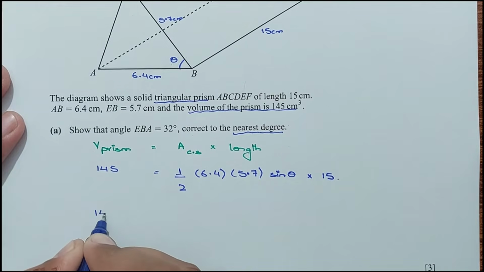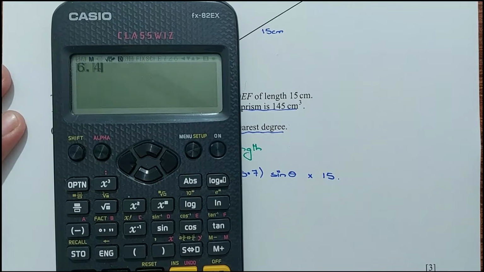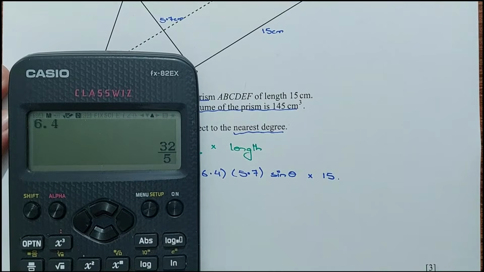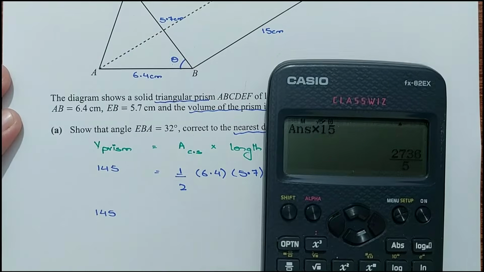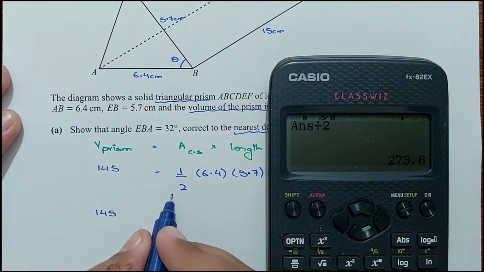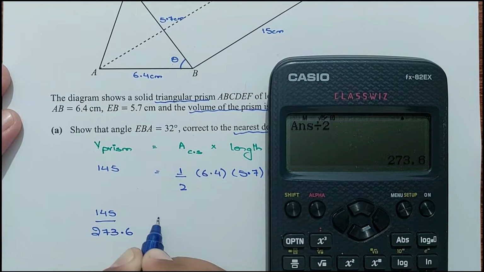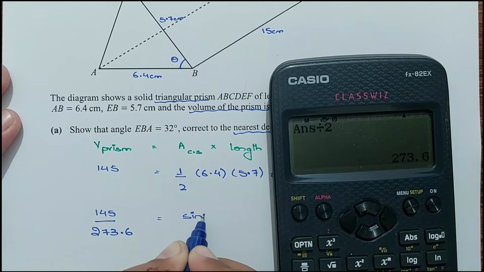So 145 equals 6.4 times 5.7 times 15 divided by 2, and this quantity divides on the other side, 273.6. This should equal sine theta.